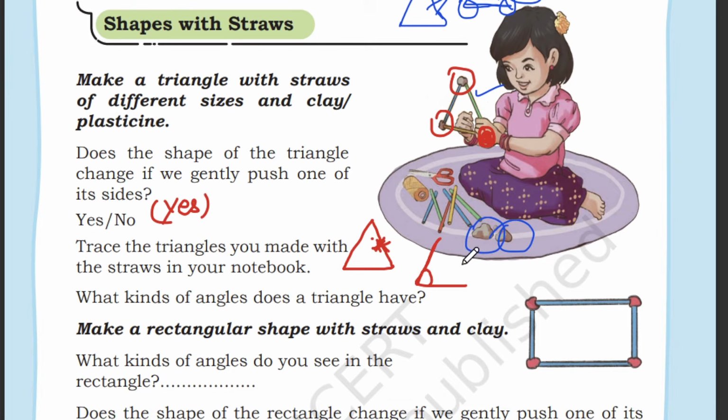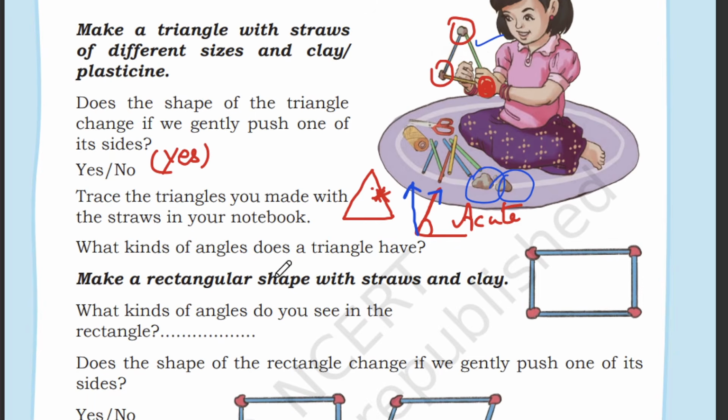This angle is an acute angle. You can see a right angle, but this one is lesser than a right angle. So this is an acute angle. So what kind of angle does the triangle have? You can write that the angle is an acute angle.